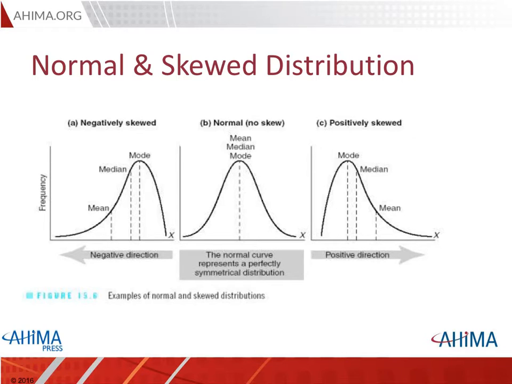When the direction of the tail is off to the right, the distribution is positively skewed, or skewed to the right. When the direction of the tail is off to the left, the distribution is negatively skewed, or skewed to the left. Data that is skewed to the right isn't necessarily better than negatively skewed data. It just indicates how the data is distributed. If the data is skewed, the shape of the curve will not be symmetrical.